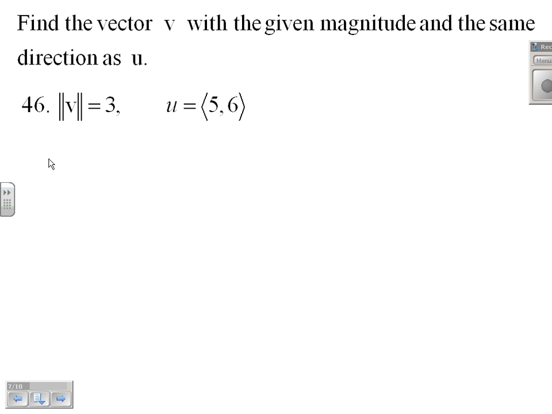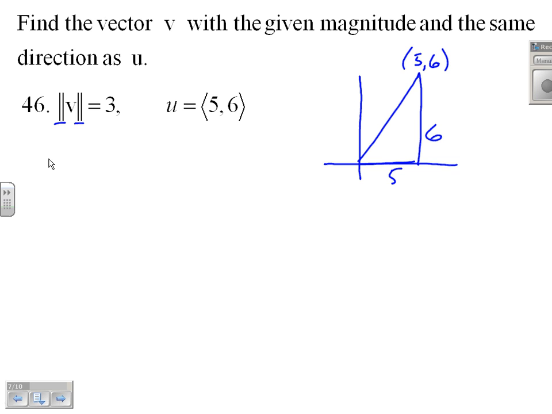Find the vector v with the given magnitude and the same direction as vector u. So again, here is our symbol for magnitude, kind of like these little double absolute values. Magnitude is 3. Let's take a look at u. U is a vector that would take my chair or my desk and slide it 5 to the right, 6 up to this point right here, 5, 6.